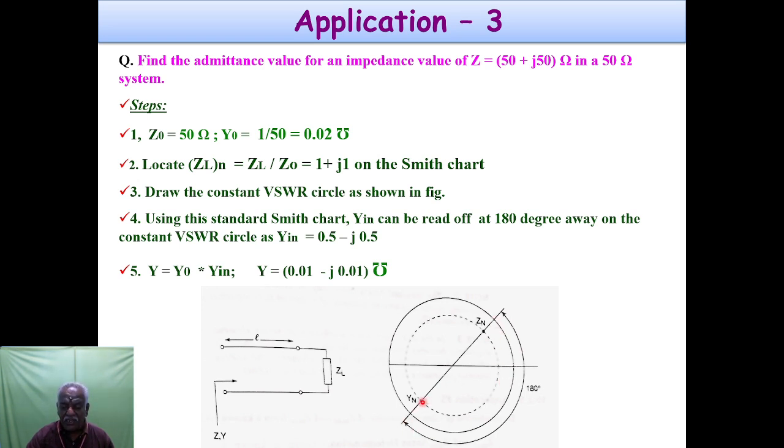This point is the reciprocal of this impedance value, that is, the admittance. This is the input admittance of the transmission line. We read it as 0.5 minus j0.5. This is in the lower half of the diagram, so you read it as minus j0.5.